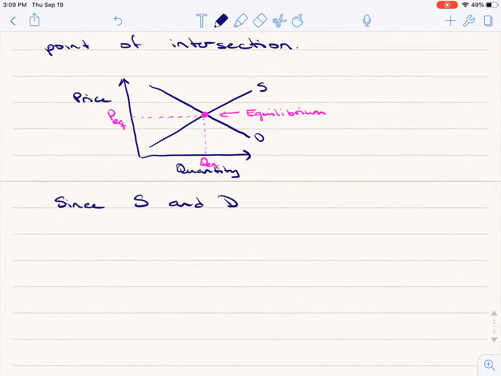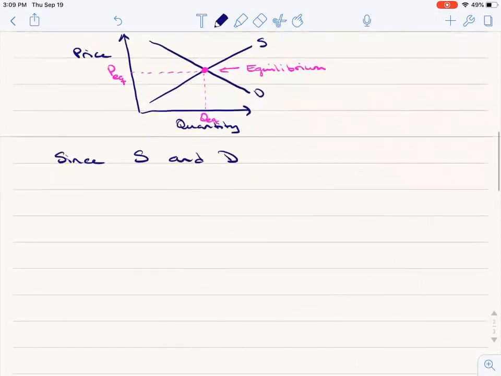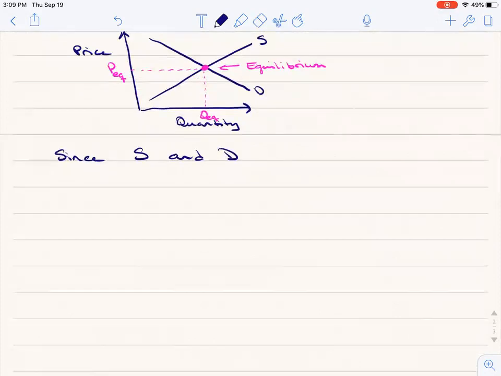We solved systems of equations not last day, but the day before, right, either by substitution or by elimination. Remember those, right? That's what we'll do here to find the point of equilibrium.